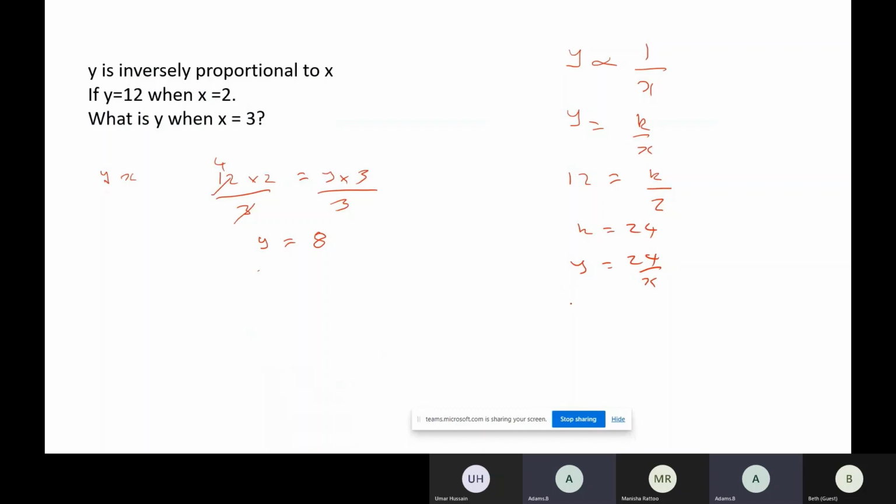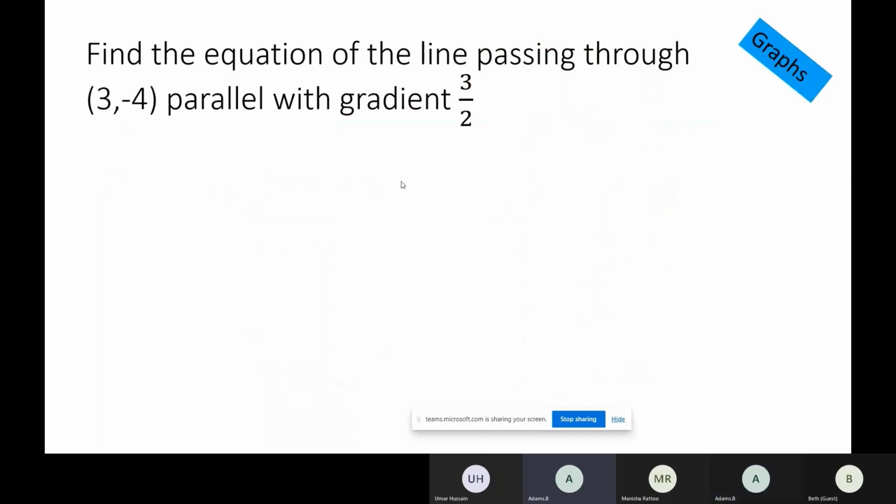We sub in x equals 3. So y is 24 over 3. y is 8. There is no conceivable way that this method is in any way suitable for students if they can do algebraic fractions from an early date and they can solve those equations well. I mean, it's far too lengthy and mistakes will happen.